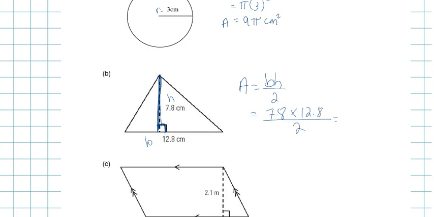Now, something that you always need to be careful with, you need to make sure that your units are the same. Okay? So if your height is in centimeter and your base is in meter, you can't do that. You have to make sure that they're in the same unit. In this case, they are in the same unit, so I don't need to worry about this. And the answer is 49.92. And what would be my unit for this one?